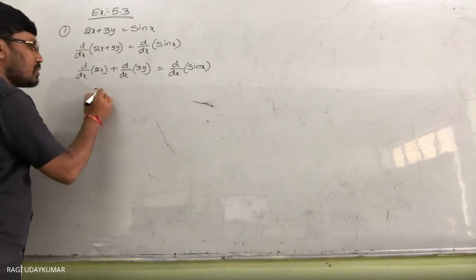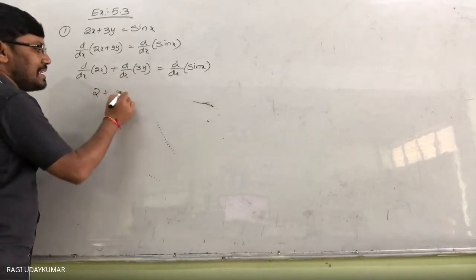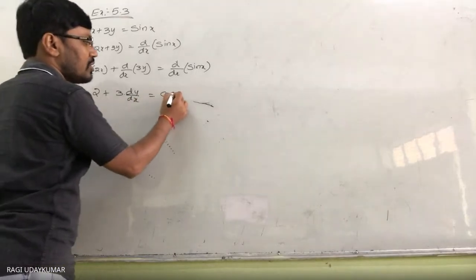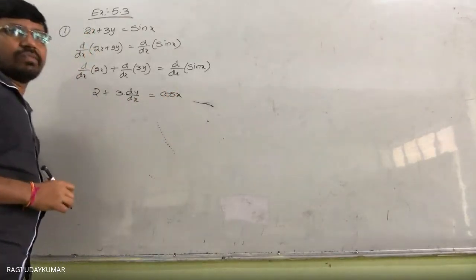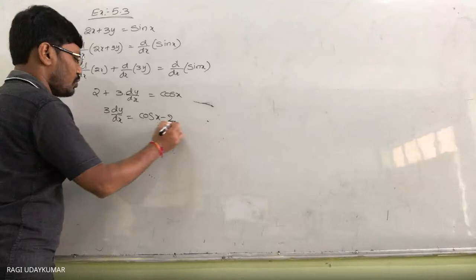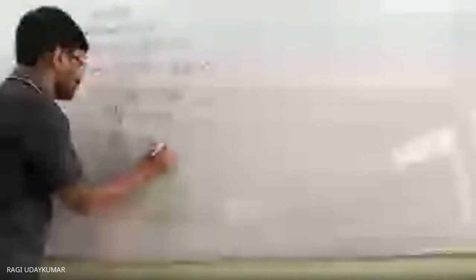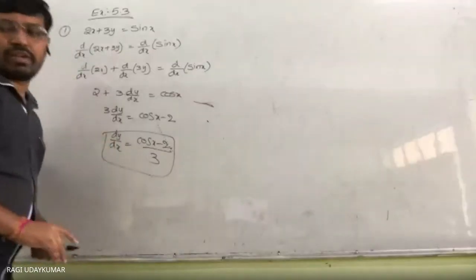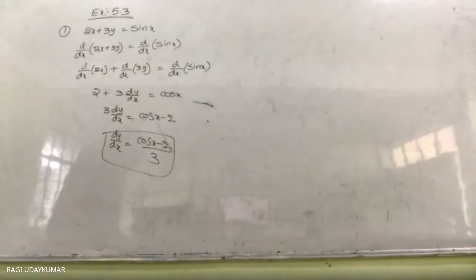Okay, so this is 2 plus 3 into dy by dx is equals to the differentiation of sin x, which is cos x. So 3 dy by dx is equals to cos x minus 2, and dy by dx is equals to (cos x minus 2) by 3. So this is the derivative of the given function.